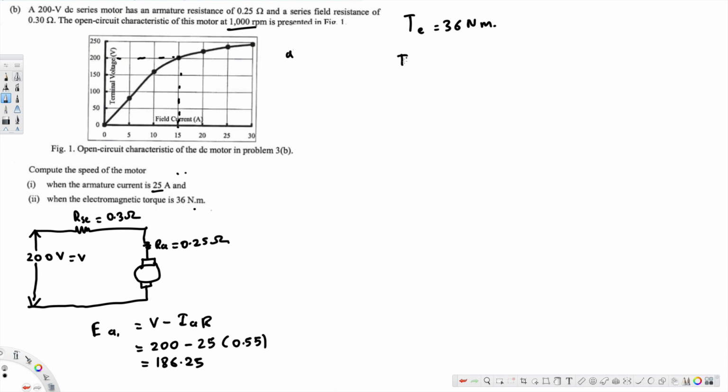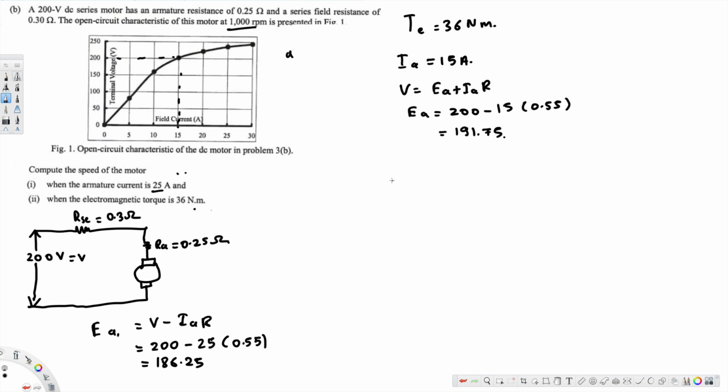Now we know that IA is equal to 15 ampere and V is equal to EA plus IA times R. EA is equal to 200 minus IA, which is 15, times R, which is 0.55, and we already calculated that one, that is 191.75.